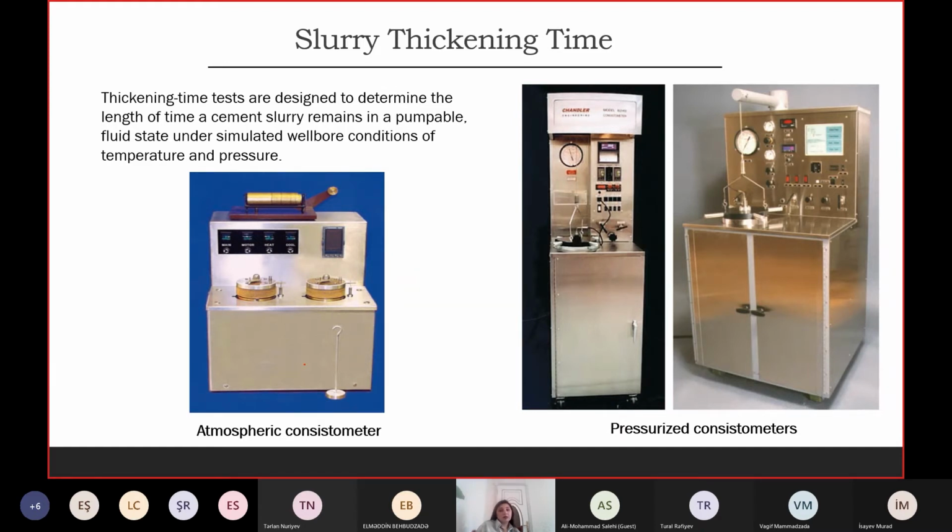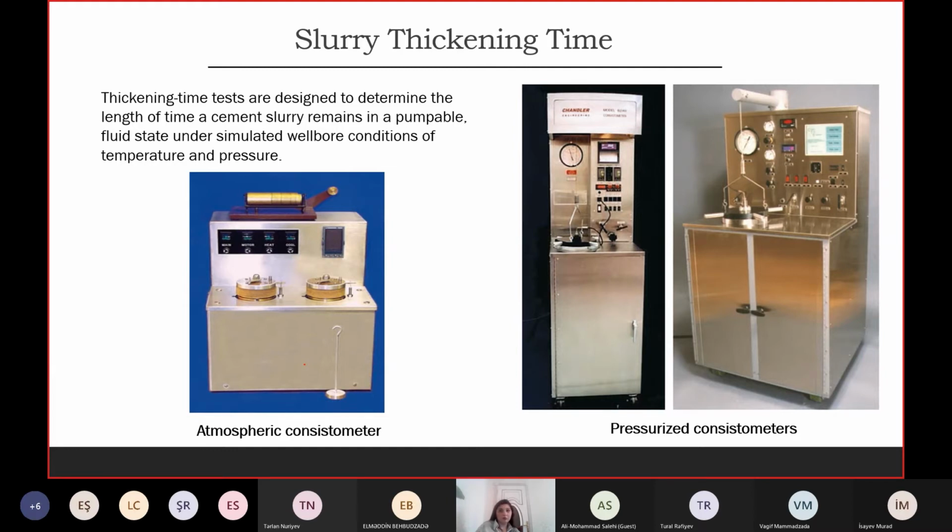There are special units, we call them BC, 70, 50, and again, each company has its own criteria that after 70 BC it will be unpumpable. I don't want to go beyond that, but in reality you can go up to 100 BC. But companies should take action to stop problems like short thickening time.